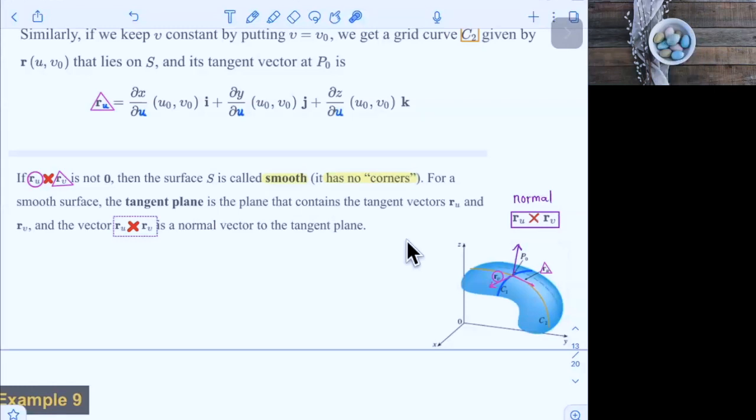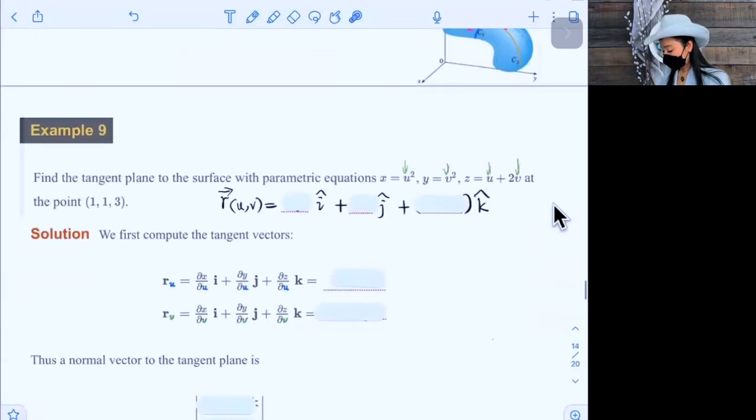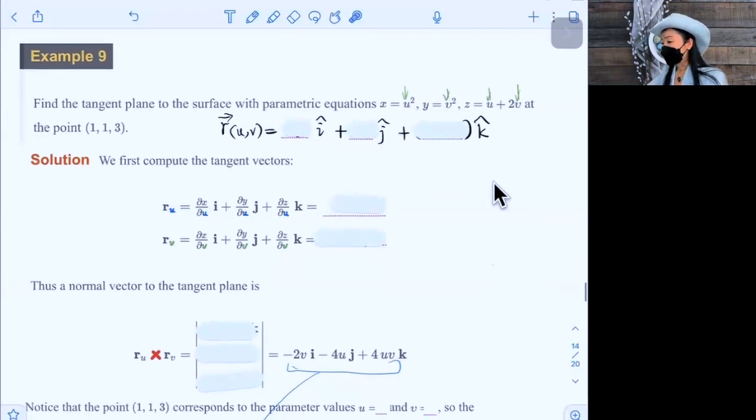So remember the cross product. The cross product of these two is going to be orthogonal to this one and this one. So you take the cross product of this vector and this vector. This vector over here is the normal vector.